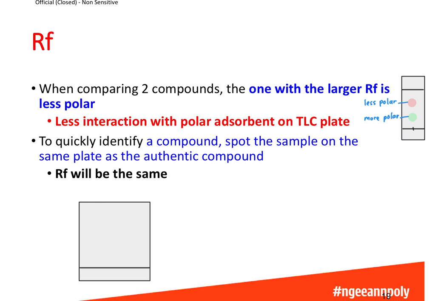TLC can also be used to quickly identify a compound. To do this, the sample is spotted on the same plate as the authentic compound. So let's say you have two spots, one spot for the sample and another spot for the known compound.